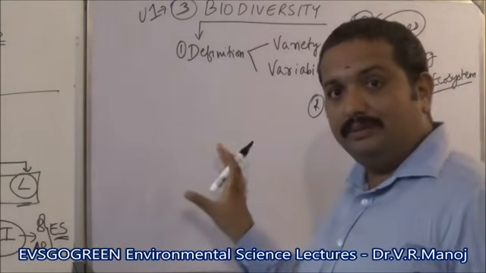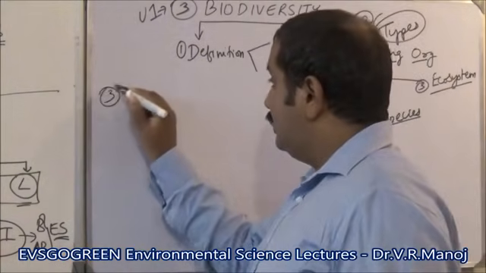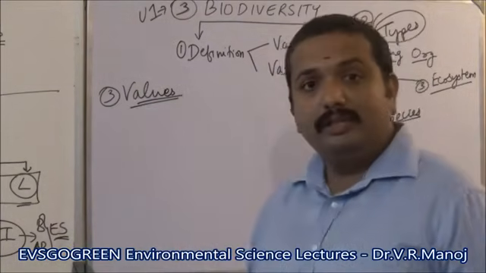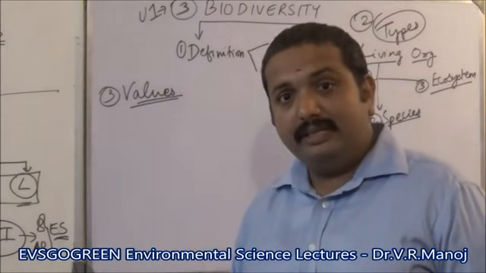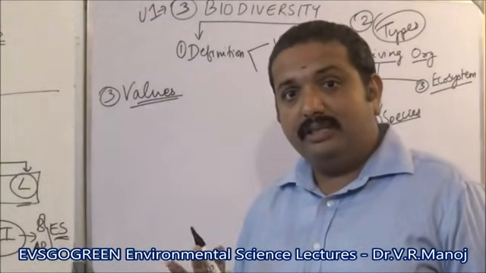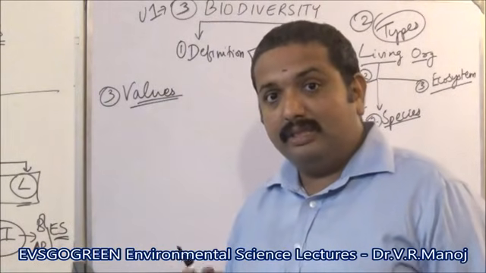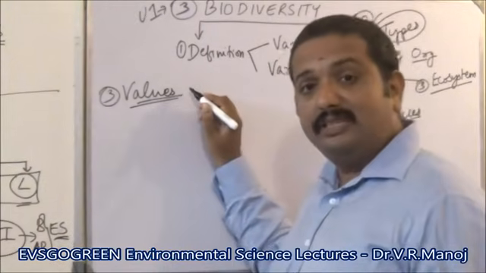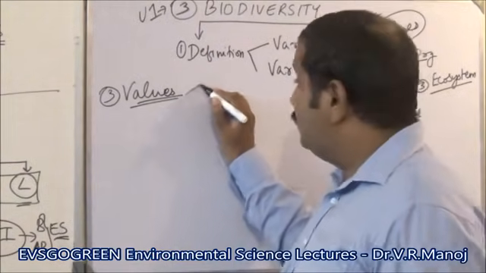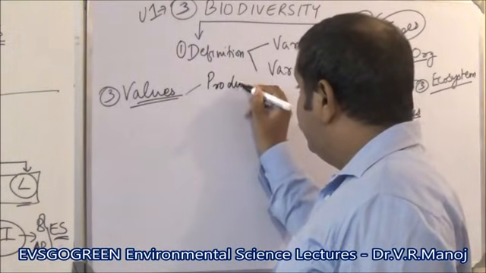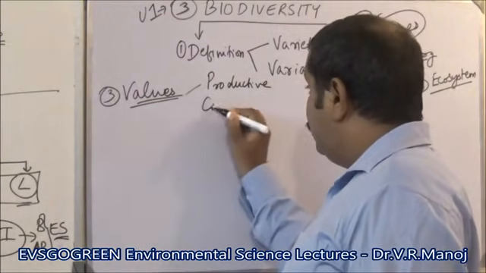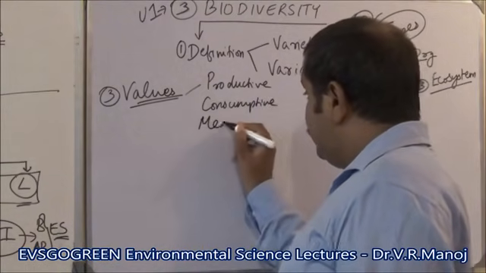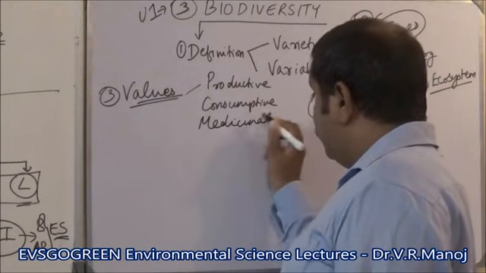So once you have learned the types of biodiversity, the third part is to identify the values given to each and every variety and variability between the organisms found in nature. We place certain values on organisms based on how they relate to us or how they relate to nature. So some of the examples, most important examples are productive value, consumptive value, medicinal values.